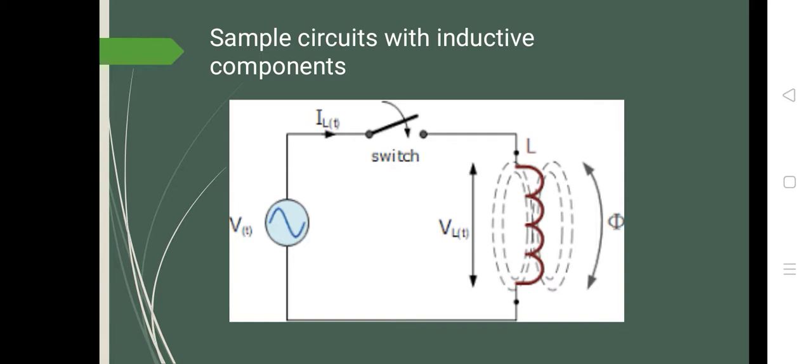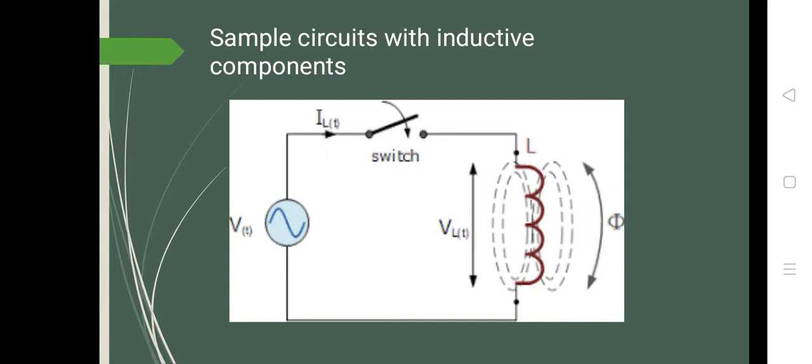So, sample circuits with inductive components. So this is the sample with inductive components. There, a voltage power source, the current is flowing through a switch, and the inductor component.